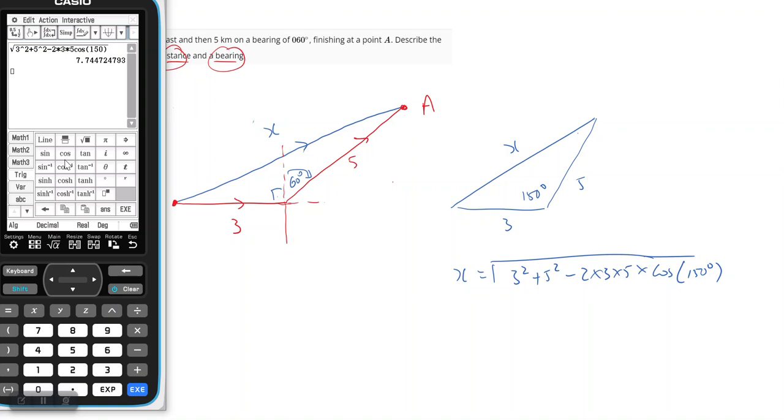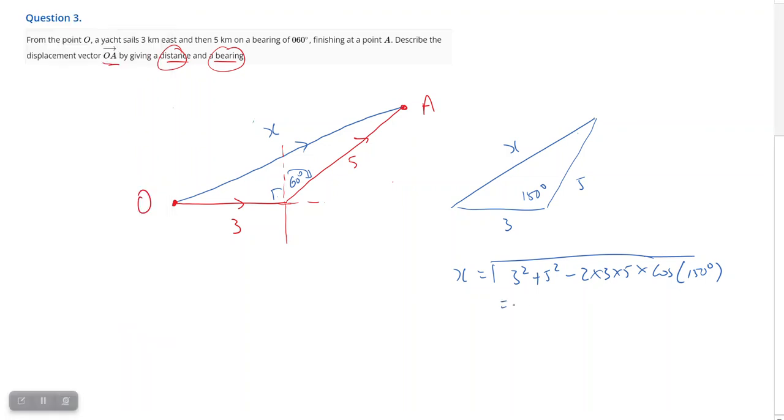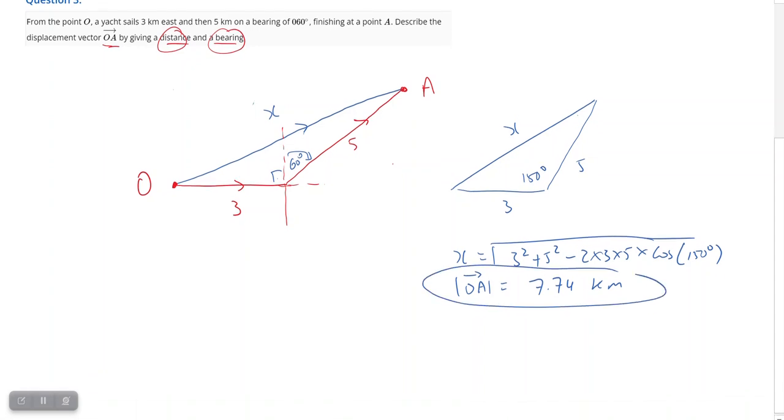That gives 7.74 kilometers. So that's the magnitude of OA. I'm just using proper notation to present my final answer.